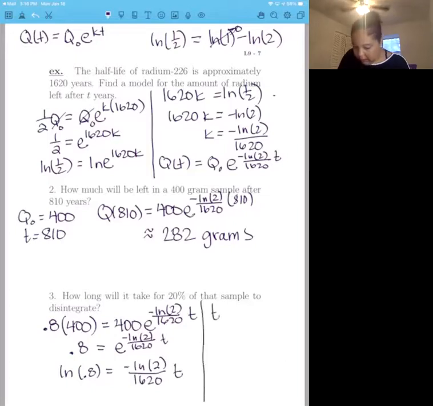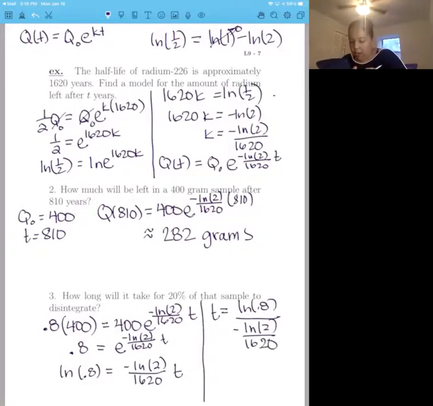So t is going to be natural log of 0.8 over the negative natural log of 2 over 1,620. Let's just plug that in.